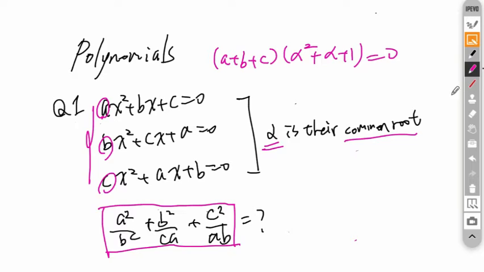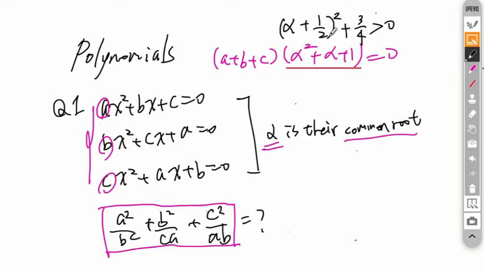Then we'll clearly see that this one must be greater than 0, because we can further simplify it into (alpha plus 1 over 2) squared plus 3 over 4 is greater than 0, because this part must be positive. This means that a plus b plus c will be equal to 0.